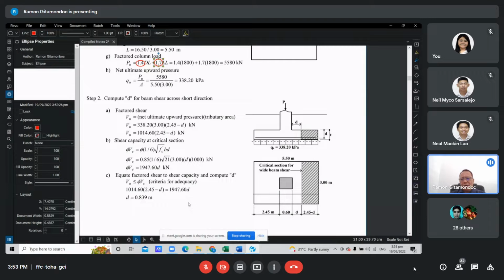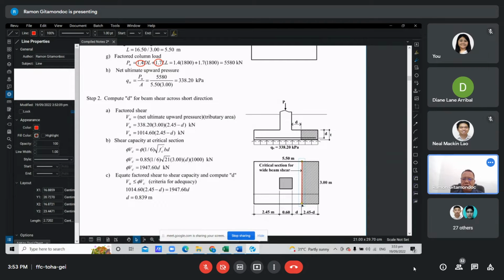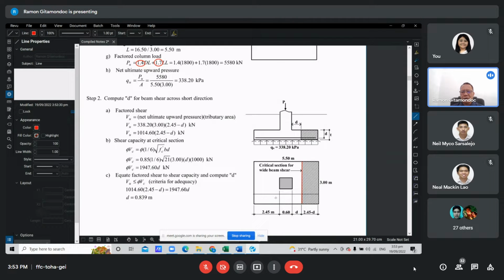Now, there are two possible critical sections for wide beam shear failure, no? The distance from the face of the column across the narrow side, or across the wide side.